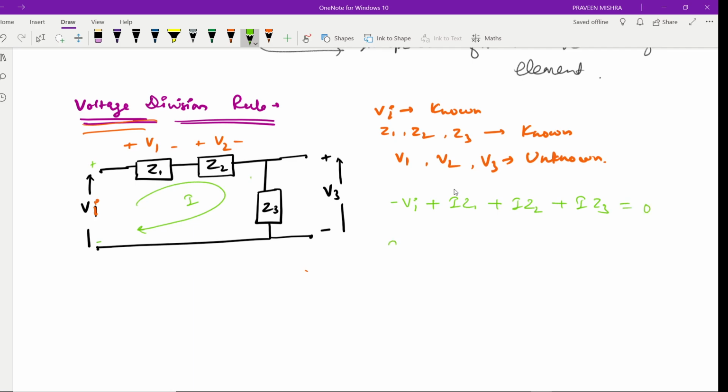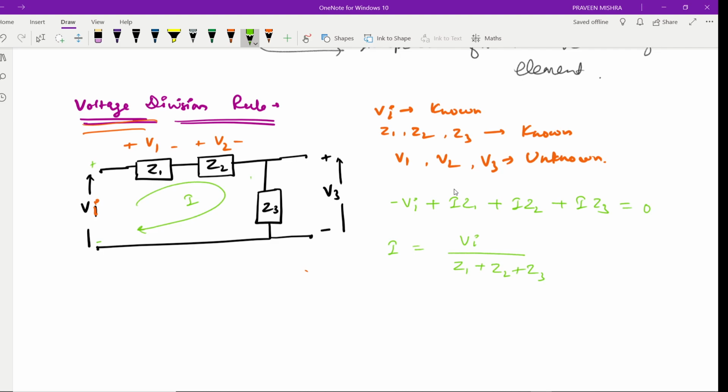And what will be I? I will be VI upon the total impedance Z1 plus Z2 plus Z3. From solving this equation, we will get those values.